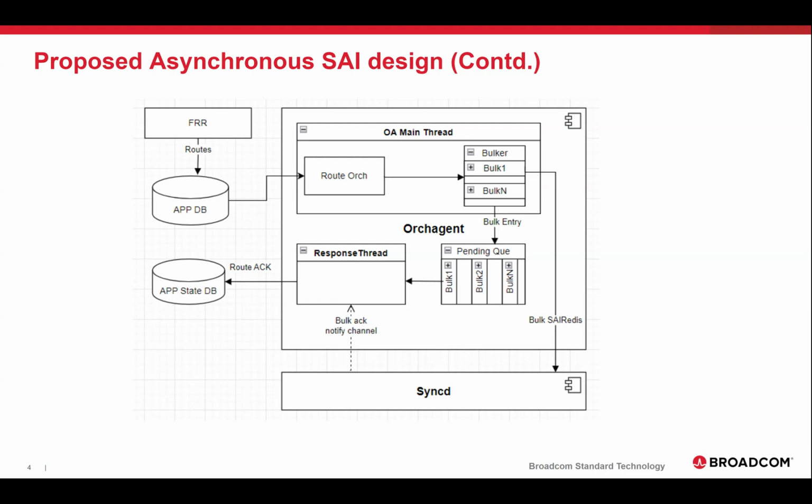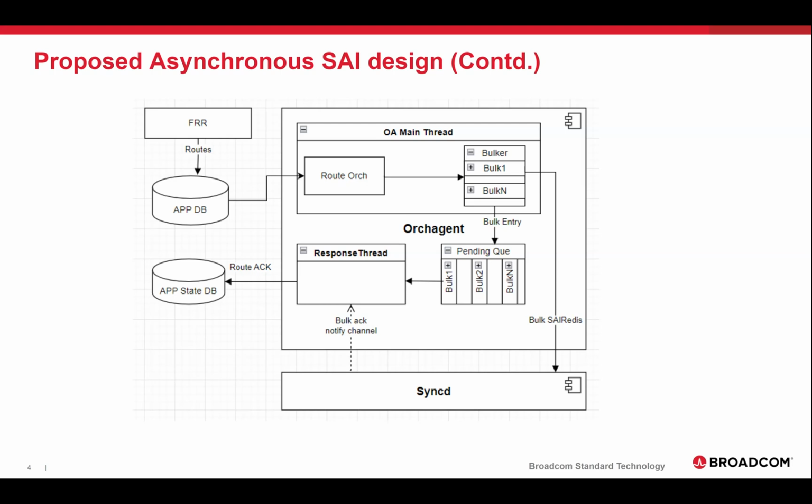We have introduced this new pending queue to save the context information I was talking about, and then there is a response thread to process the asynchronous response coming from syncd. We'll go over the individual changes in some detail.